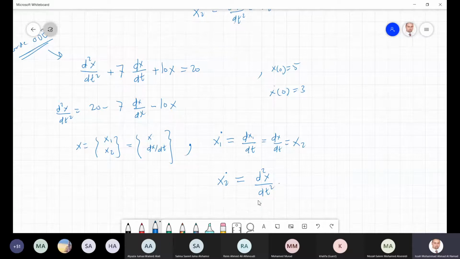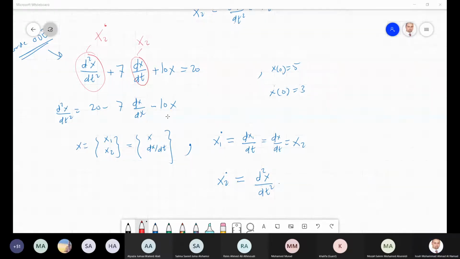So simply I can write this equation in a state variable form by writing x2 dot. This will be d square x by dt square, so this can be written as x2 dot. And dx by dt can be written as x2, correct?